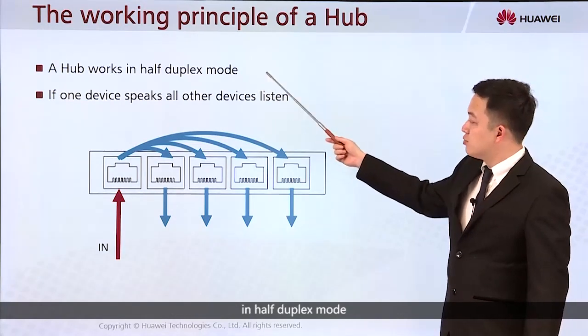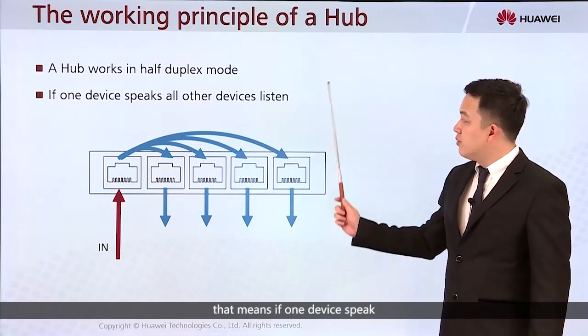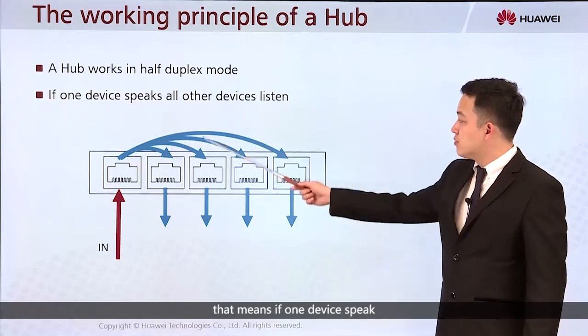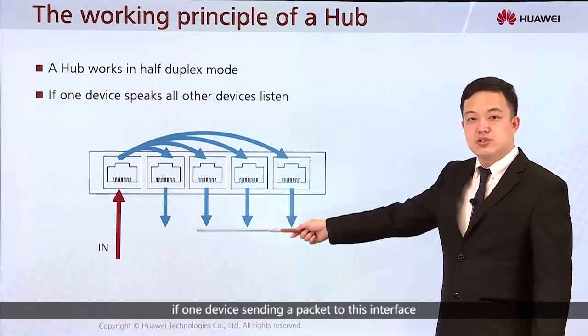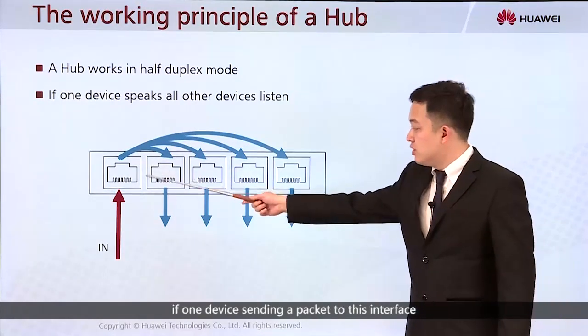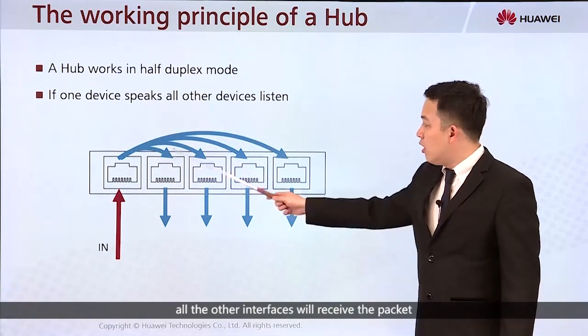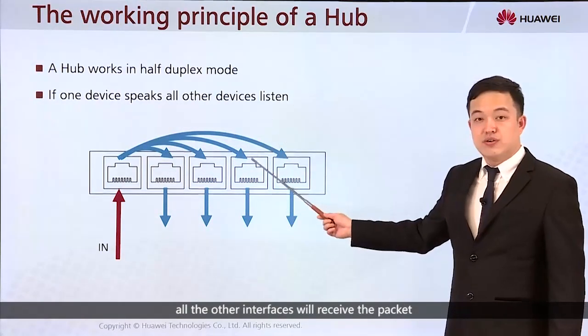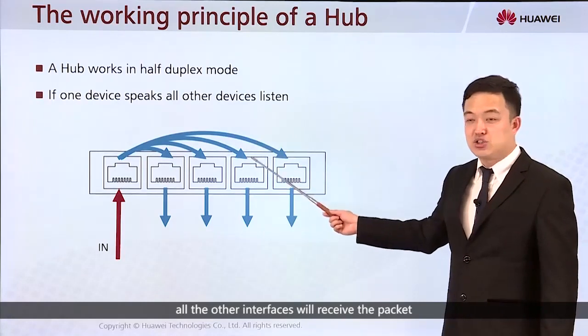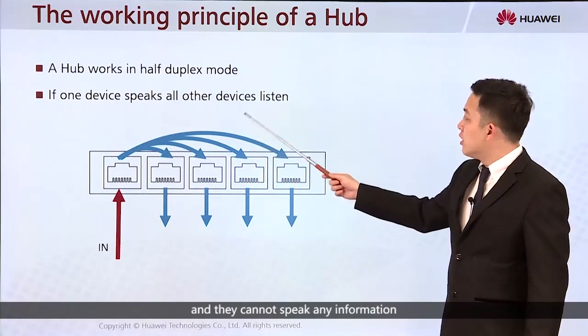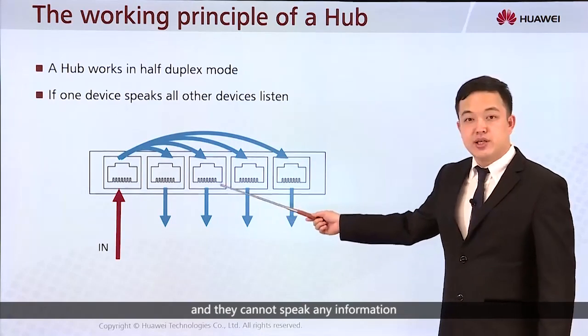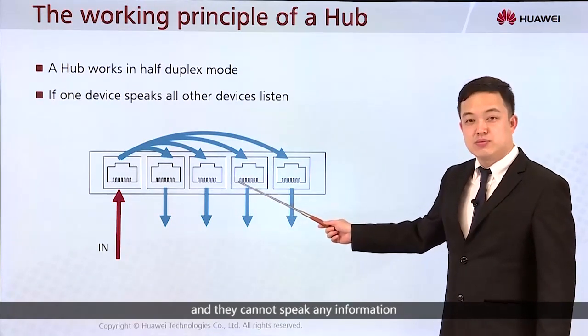In half duplex mode, that means if one device sends a packet to this interface, this is a hub, all the other interfaces will receive these packets. And they cannot send any information.